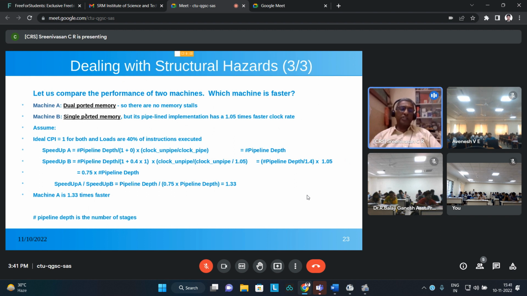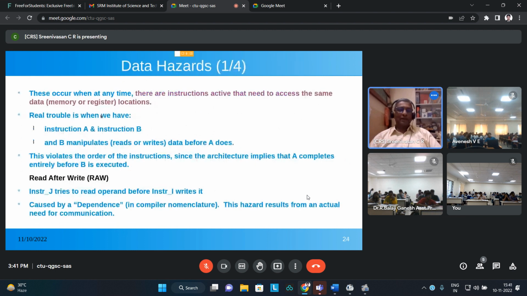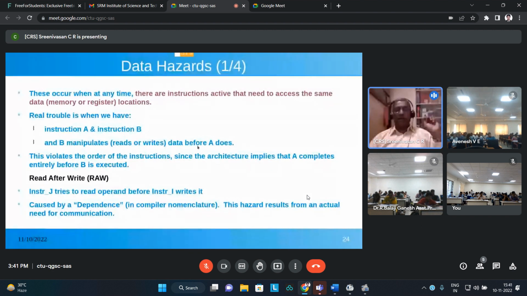So this is where the design of the computer comes into the picture when you design with microprocessors. Data hazards occur when instructions need to access the same memory locations. Like the one-computer-per-person example, instruction A and instruction B, and B wants to read and write the data before A does, right?